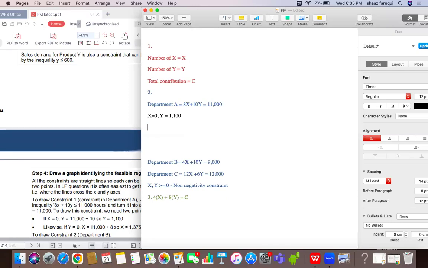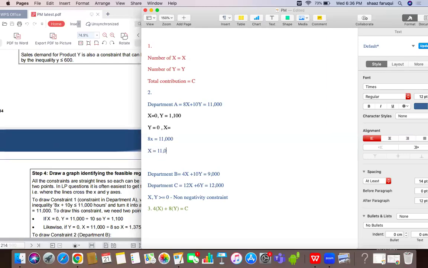On the other hand, let's assume, in this case, that y is equal to 0. And what will be the other one then? If y is equal to 0, x will be equal to, think about it, 0 into 10 will be 0. So the formula will be 8x is equal to 11,000.